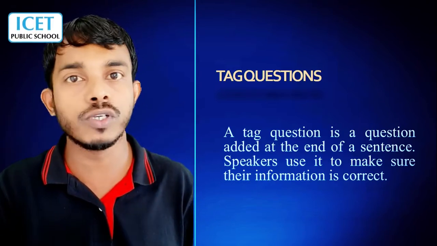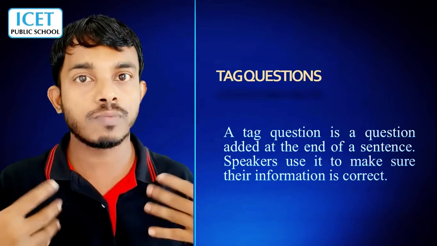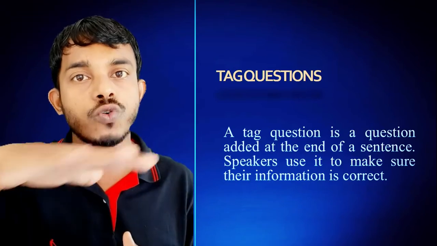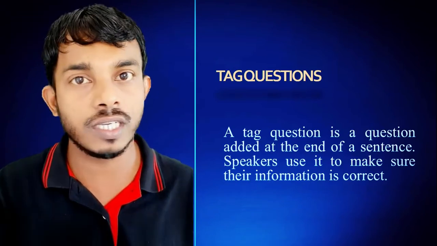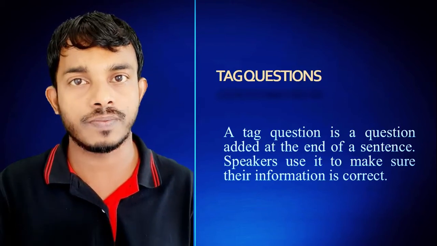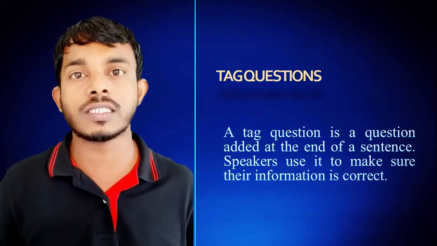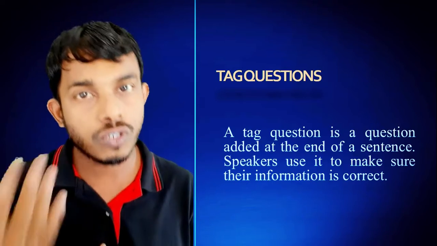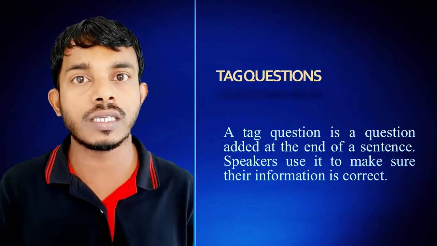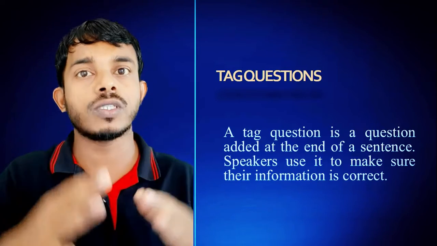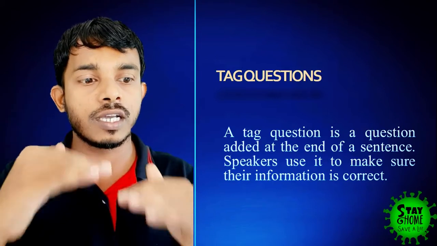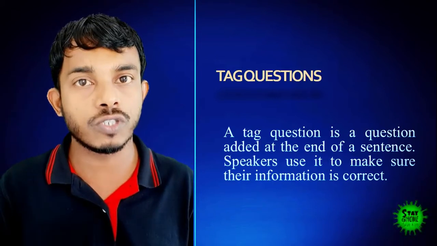She is very beautiful, isn't she? The speaker doesn't expect any reply from the listener because he is ensuring it. And she has done something to her hair, hasn't she? This is asking just to make sure that the sentence or the idea is correct, to confirm. That is the usage of the question tag.